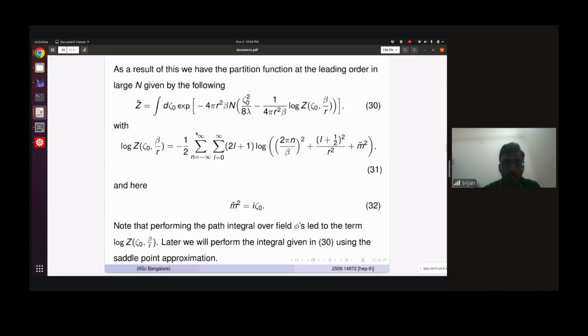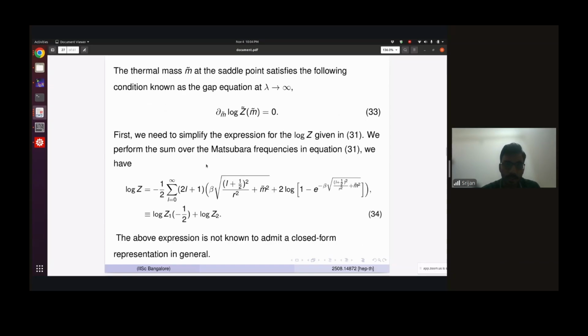So you can do this sum over n, the Matsubara frequency, in a very similar way as the free theory. It's just a textbook kind of technique, and we can evaluate this. Then we define the first term to be log z1 and the second term to be log z2.